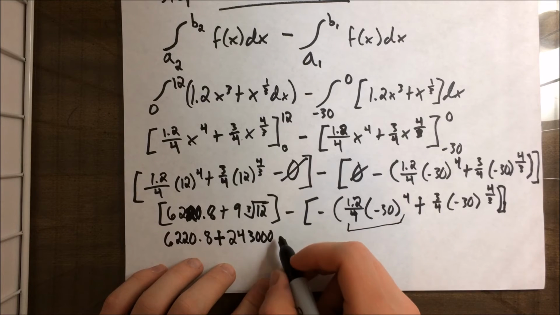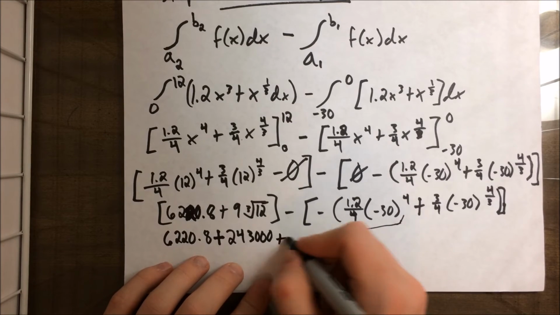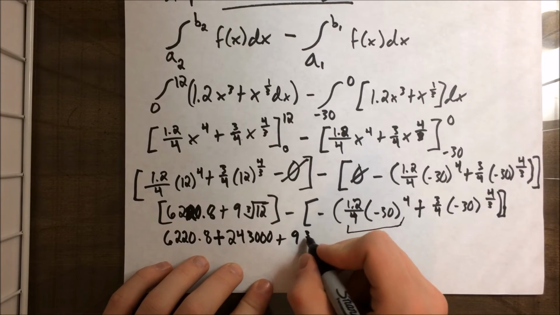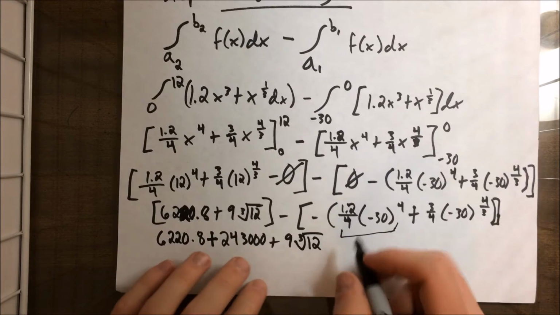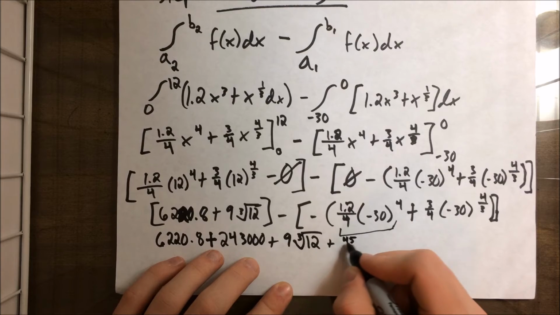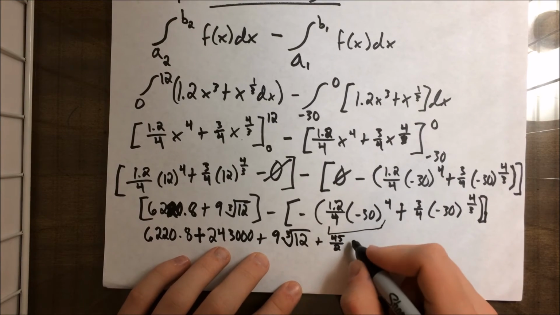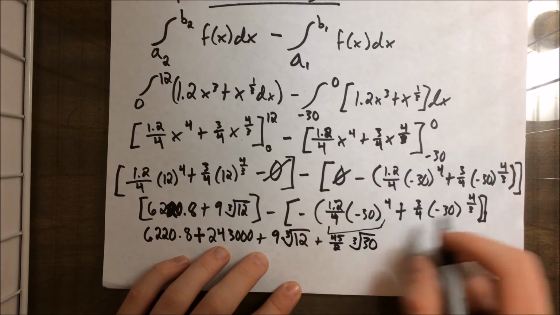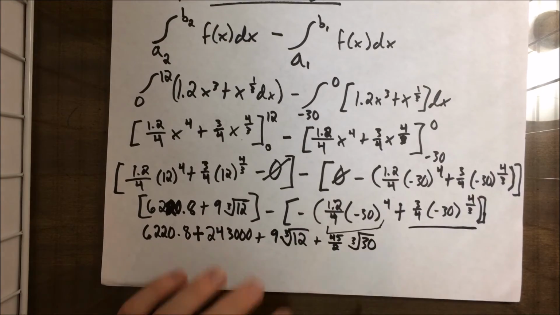And then the next part, so then I'm going to write the plus 9 cube root of 12, and then plus 45 halves cube root of 30, and that's this last part right there.